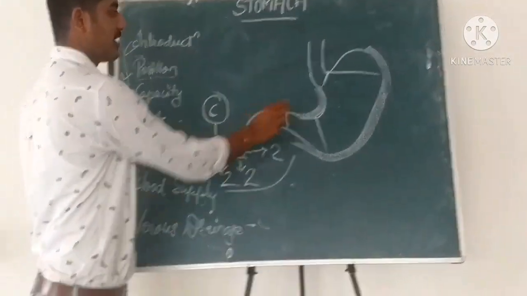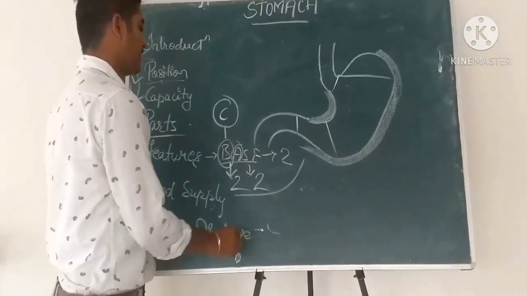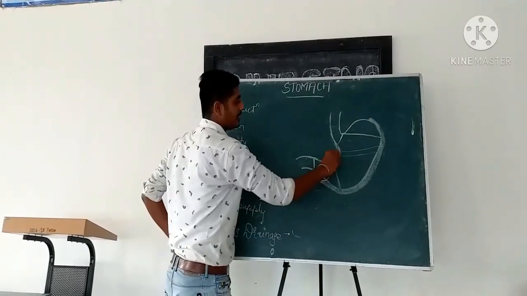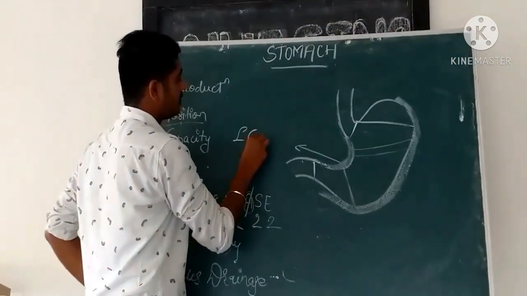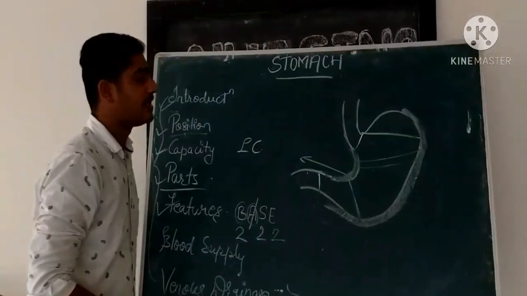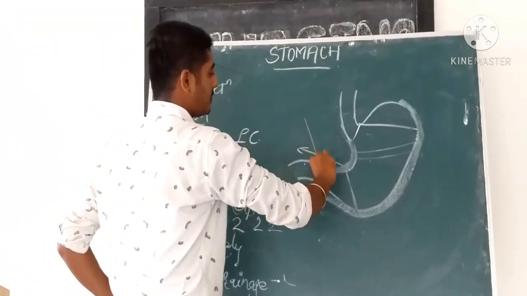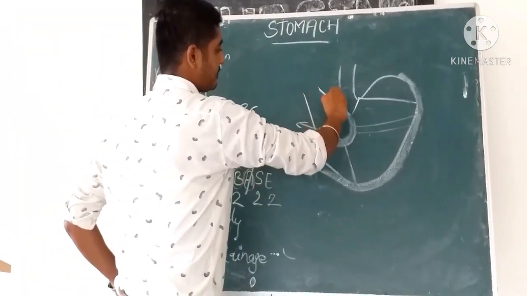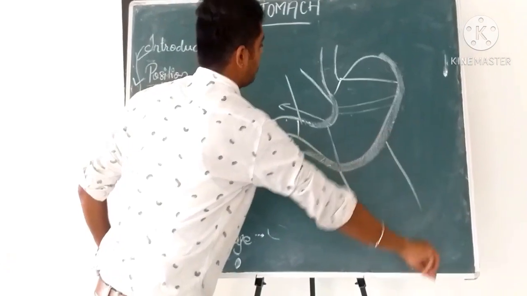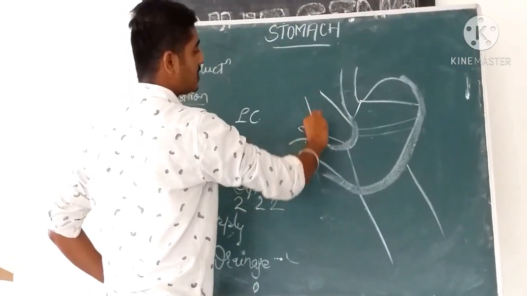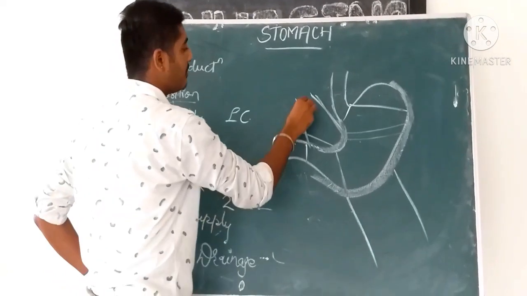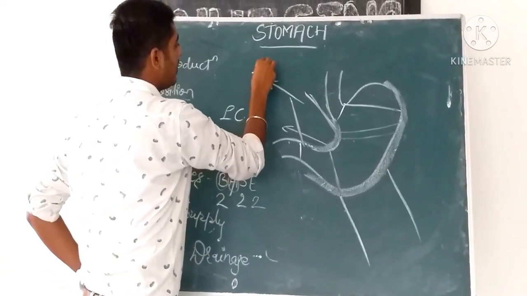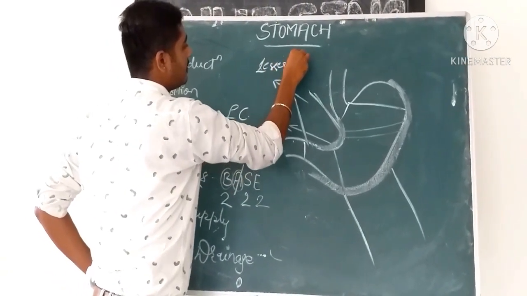Now this lesser curvature is attached with the lesser omentum. This particular portion which you can see here has the lesser omentum.